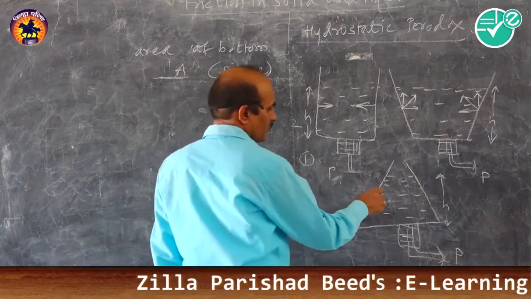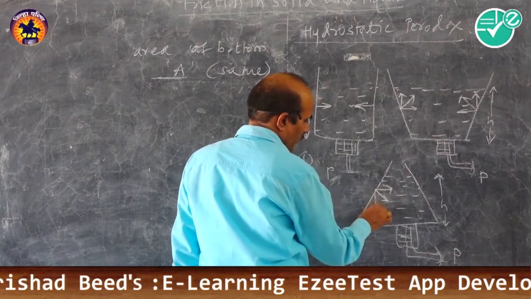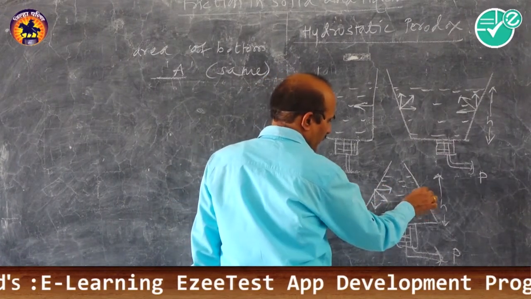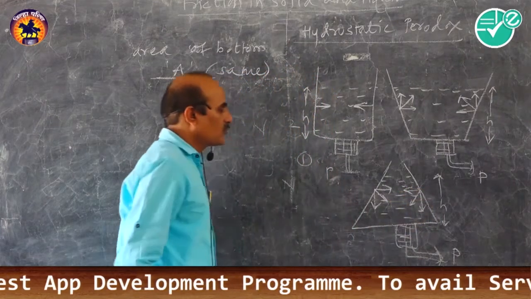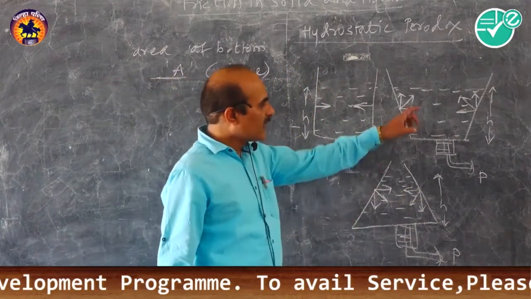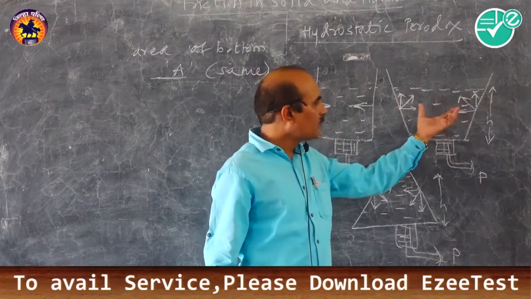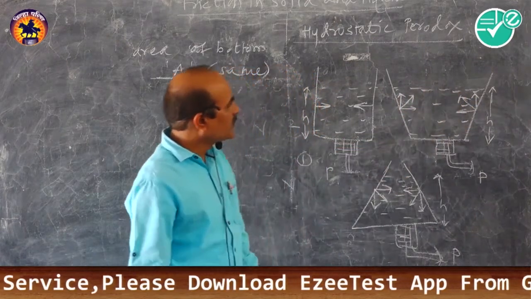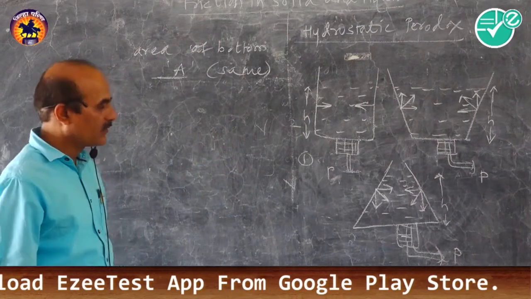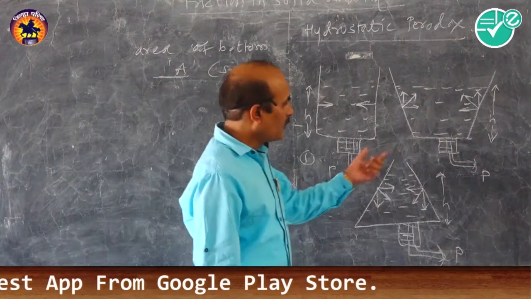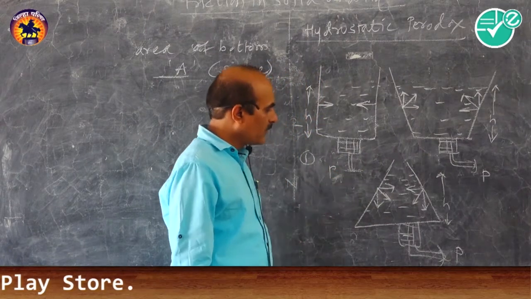And in the third vessel, we can draw the figure of the resultant like this again. So in the second, you can see that there is a vertical component, and therefore the weight of the extra liquid in it is balanced by this vertical component, and the pressure on the bottom is the same as in A, the first.